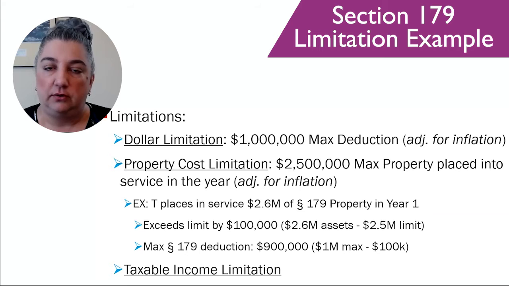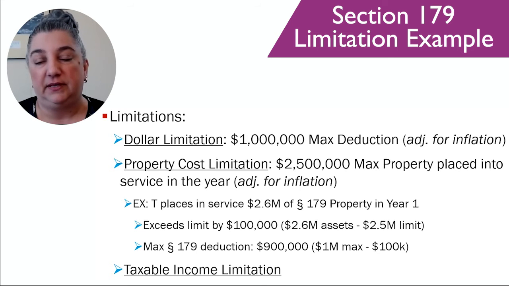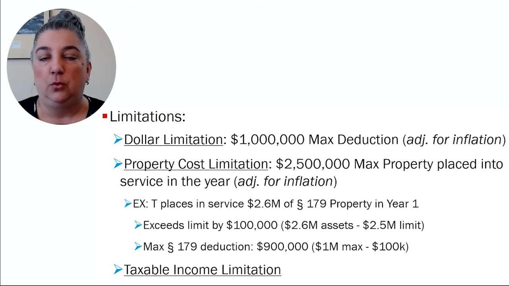And just note that these numbers have been adjusted for inflation, and so they are higher in subsequent years. So imagine that the taxpayer places in service $2.6 million worth of Section 179 property in year one. Well, $2.6 million exceeds the $2.5 million threshold by $100,000.